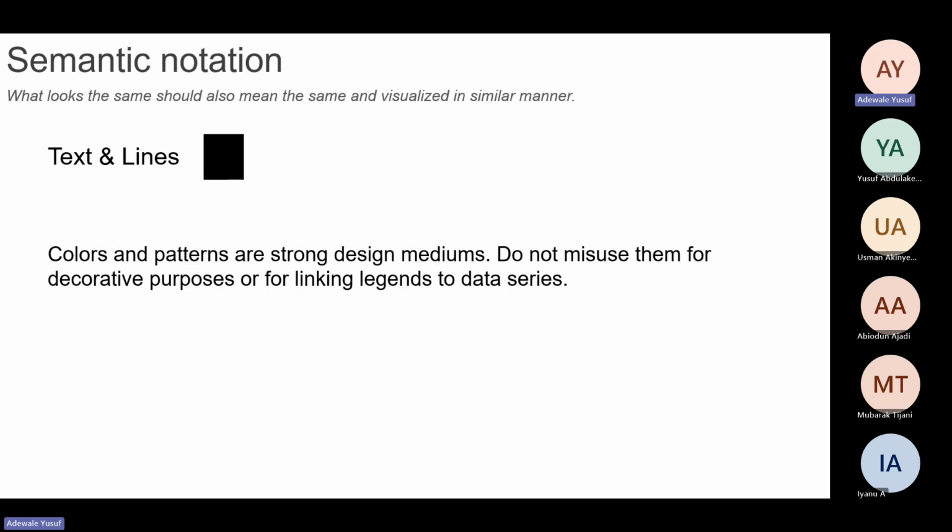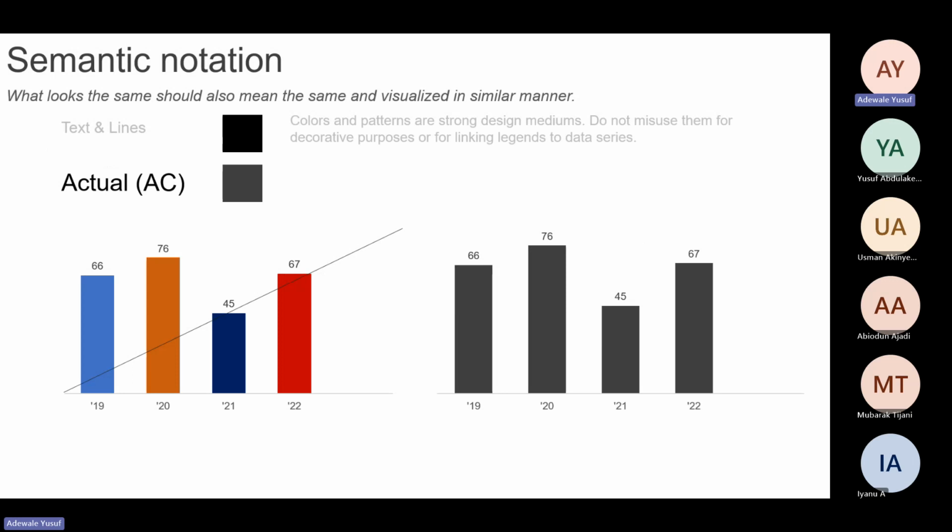A lot of people just use color for decorative purposes. No, a color inside your dashboard should be able to tell a story. That color should be able to showcase something. So this is what I mean. When you're using text and line, the opinion is that you should use black.